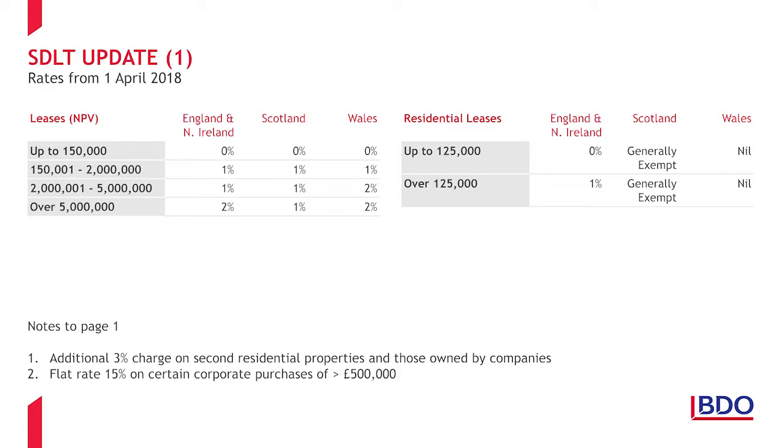One should not overlook the additional 3% charge, which we'll come on to later, on the acquisition of residential properties and those owned by companies. There is also a penal 15% flat rate on certain corporate purchases of residential properties costing more than £500,000.